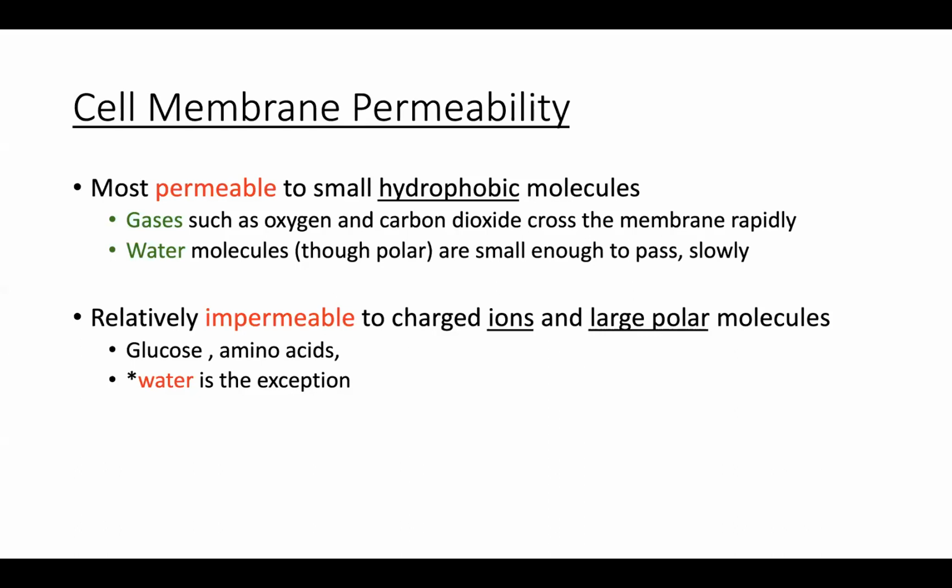We know that water molecules are polar, but they are small enough to pass through the membrane readily. Things that are relatively impermeable are going to be larger charged ions, large polar molecules, glucose, amino acids. Again, water is an exception as a polar molecule that can pass easily.